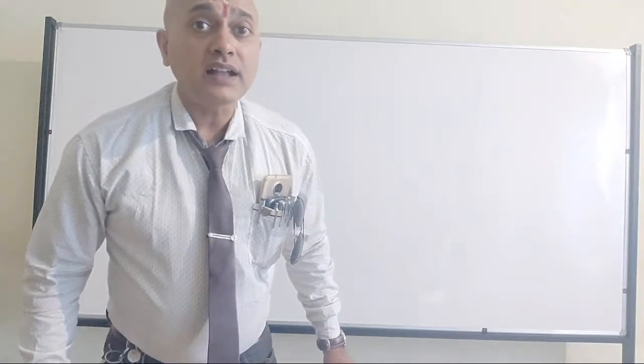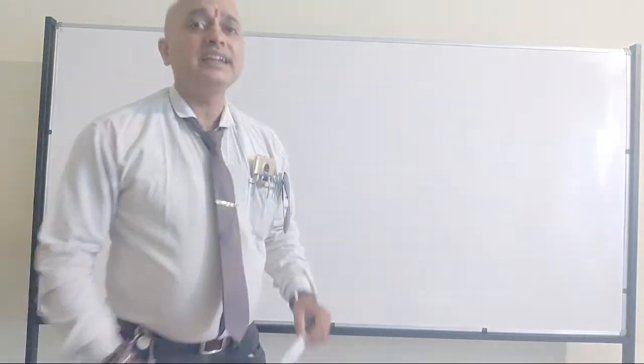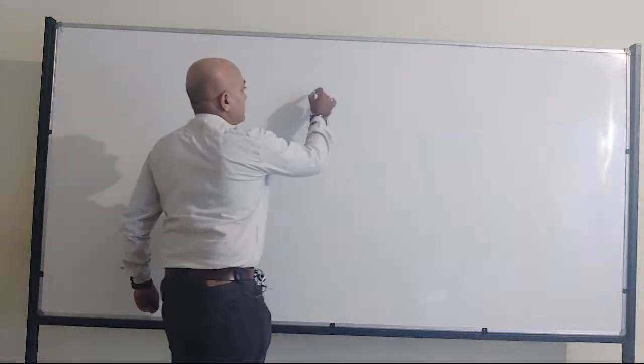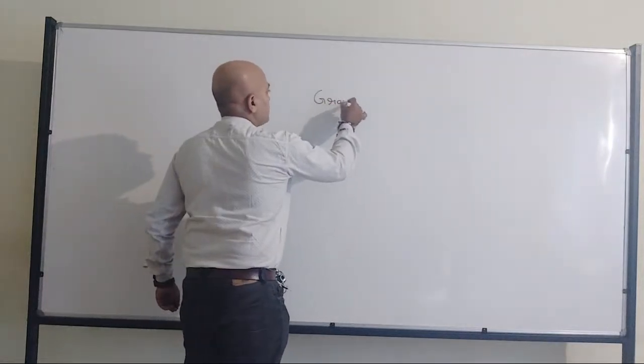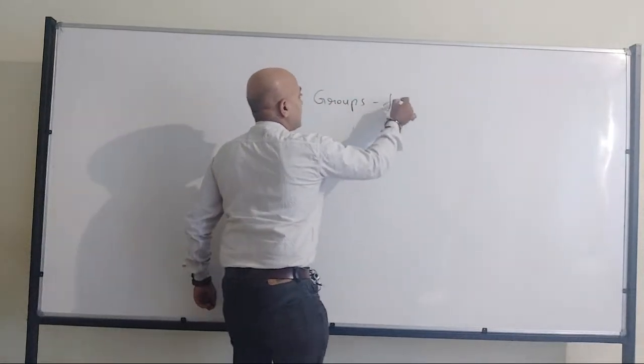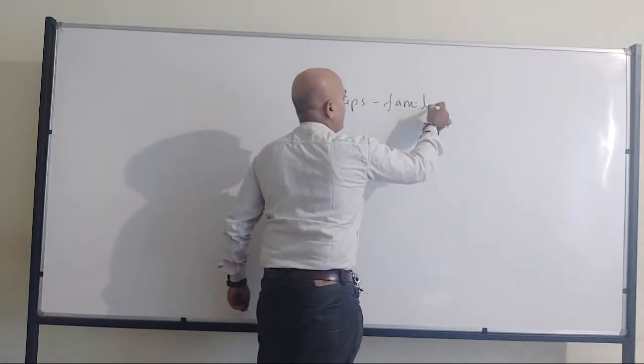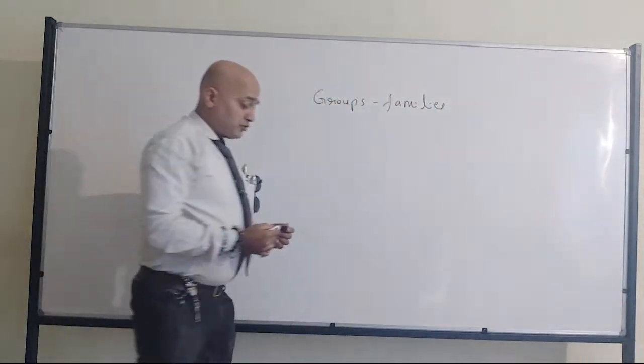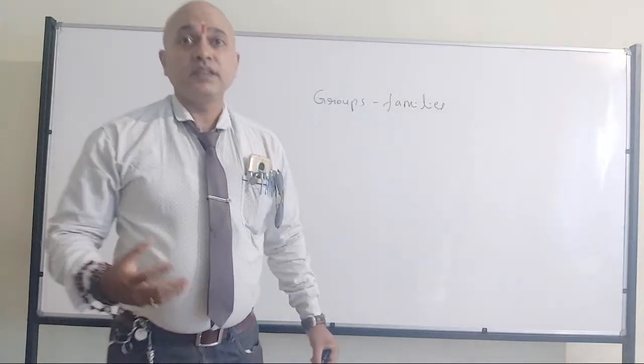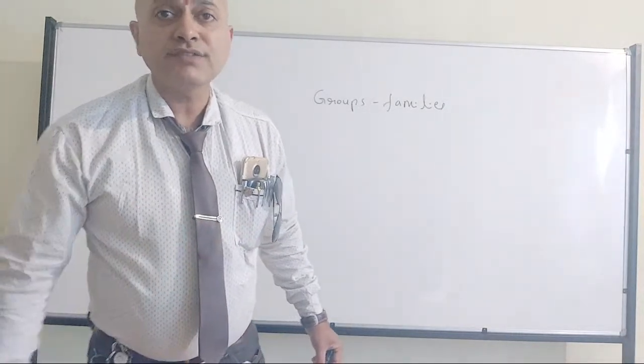Absolutely correct, all of you. But groups are also called families. Now, all of us know that groups can also be called families. Why should a group be called a family?